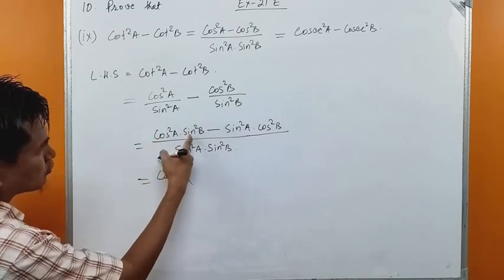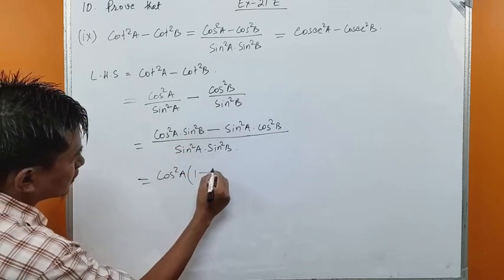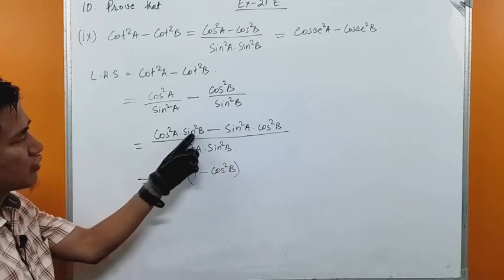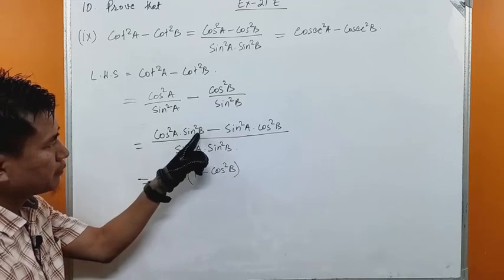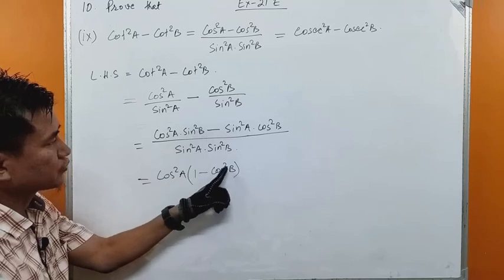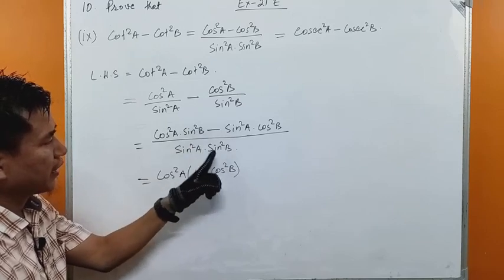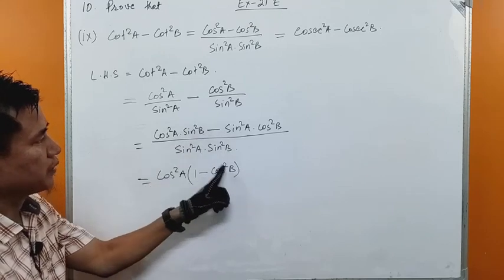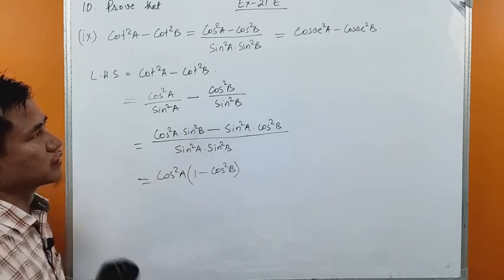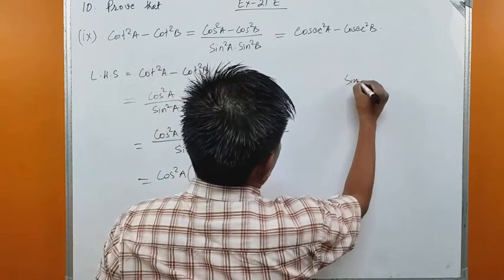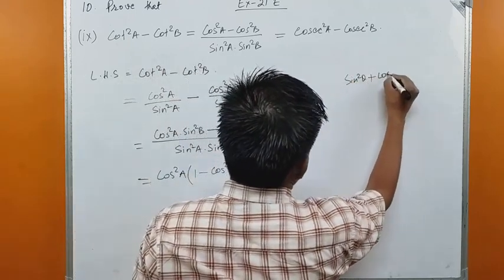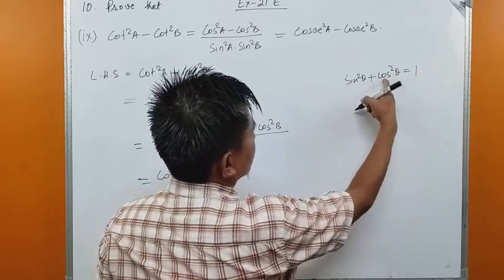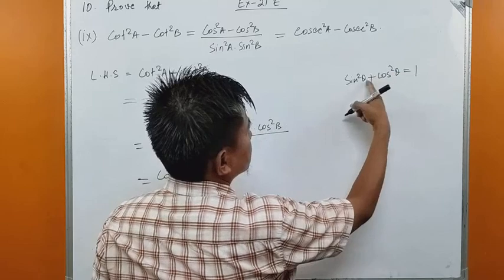Now sin square B means 1 minus cos square B, isn't it? Please keep in mind that angles should be same. Angle is B. Sin square theta means 1 minus cos square theta, because sin square theta plus cos square theta is 1, angle should be same.